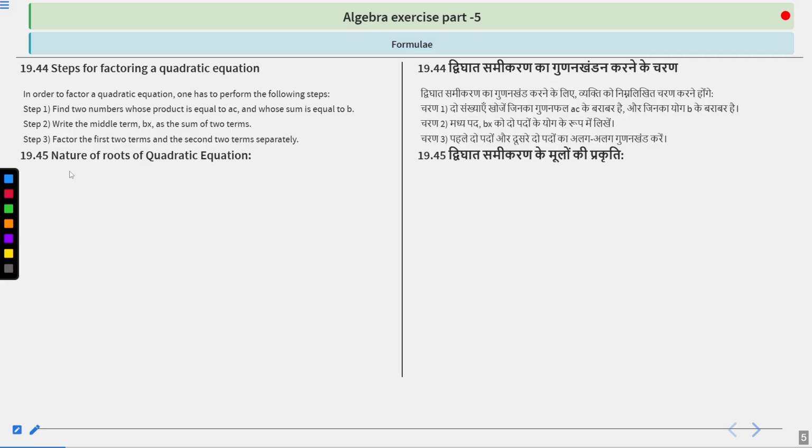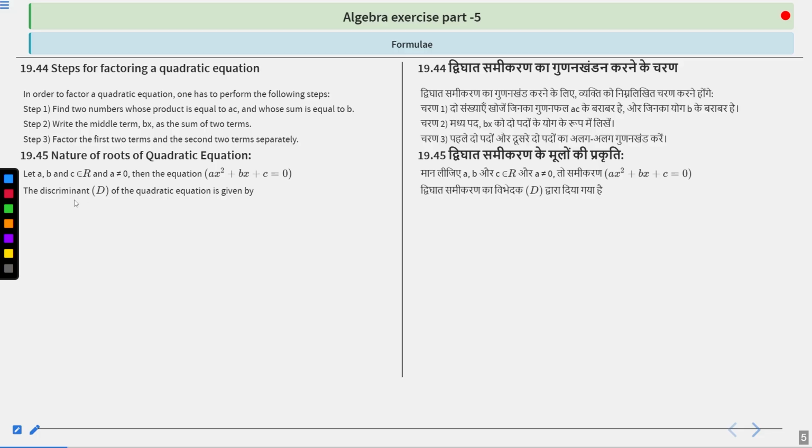Next one is nature of roots of quadratic equations. Let a, b and c belong to real numbers R and a is not equal to 0, then for the equation ax square plus bx plus c is equal to 0, the discriminant d is given by d equal to b square minus 4ac.